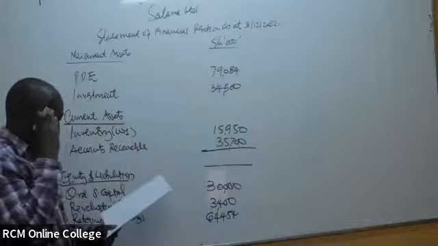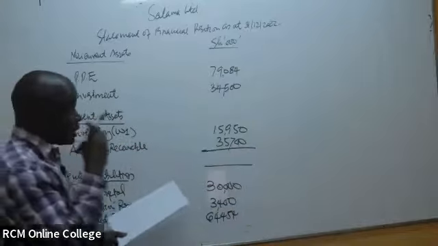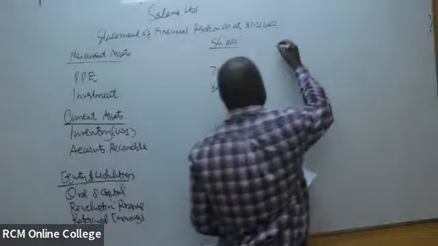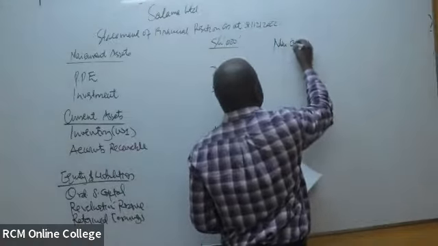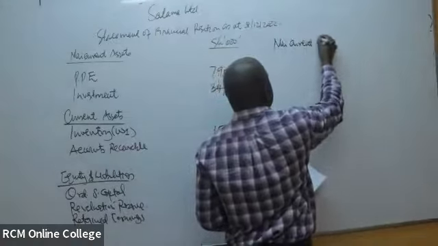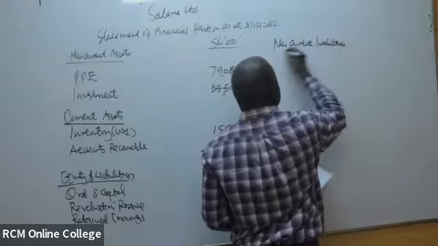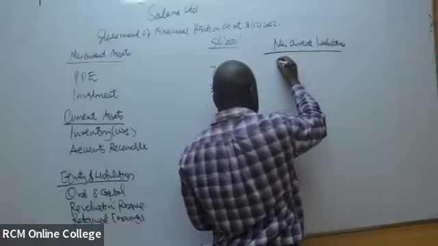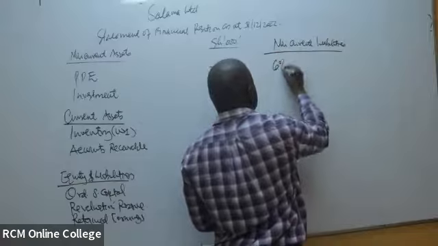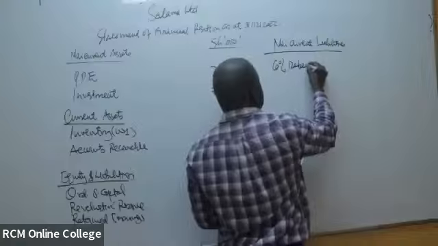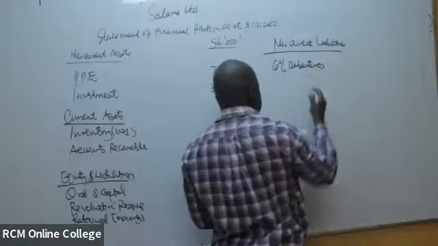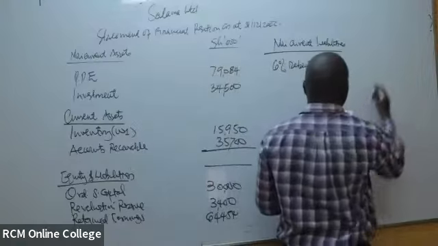Then we can go to the non-current liabilities. We have in this case the 6% debentures, which we are told the value is 10 million.